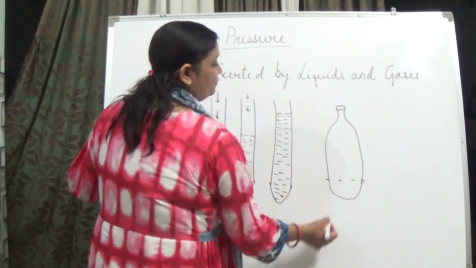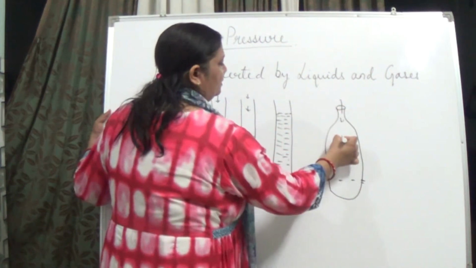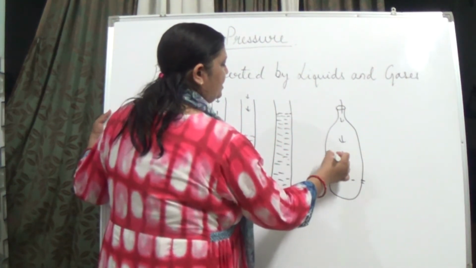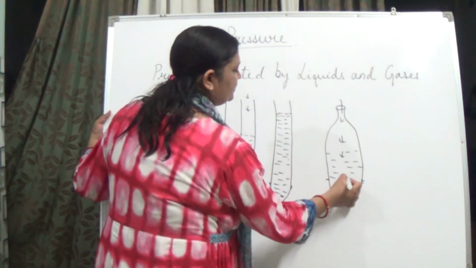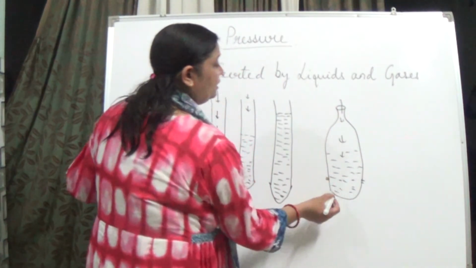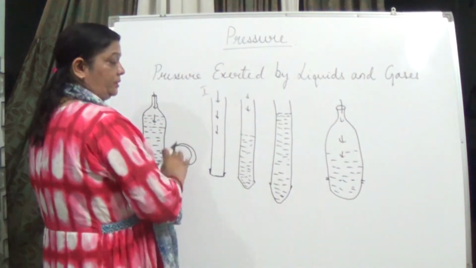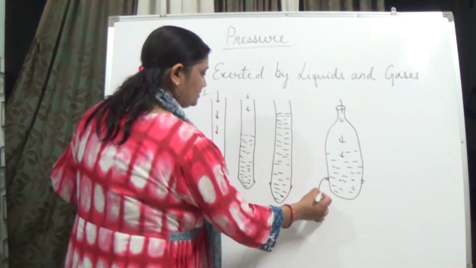Now we are adding water to it. We have added water, and we have made cuts at equal height at the lower portion of the bottle. What do we see? The liquid, the water, comes out.